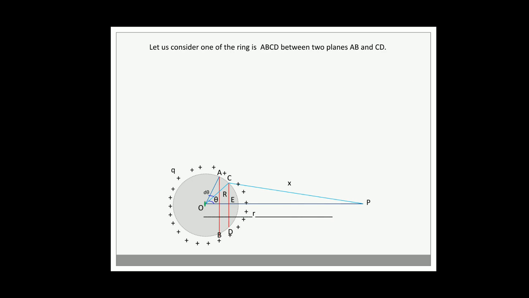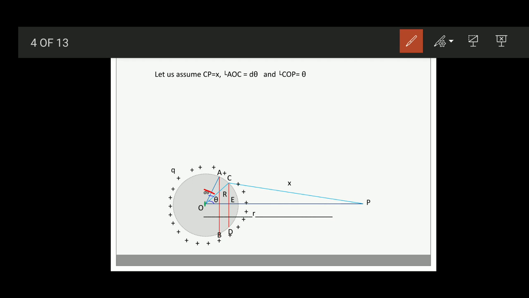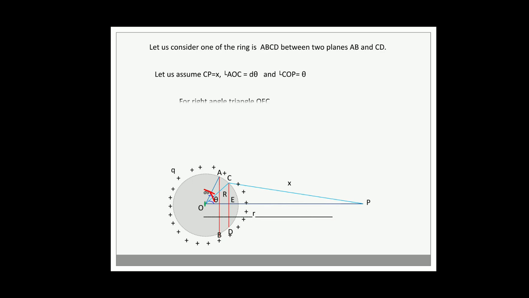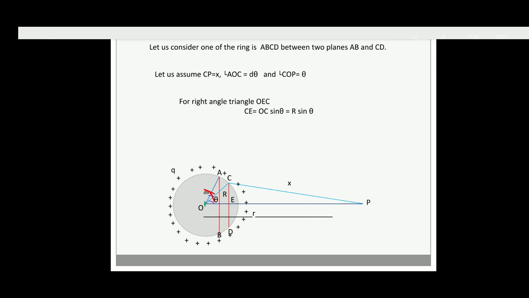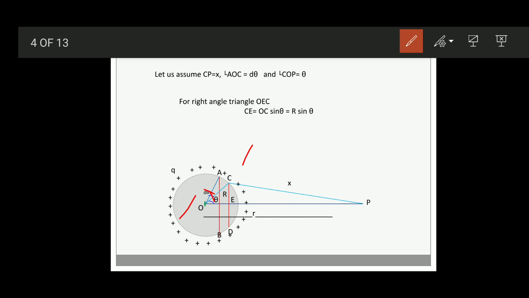Now, ABCD is a circular ring having two planes AB and CD. We already know CP is taken as x, angle AOC is equal to d theta, and angle COP is equal to theta. From the right angle triangle OEC, sine theta is equal to the opposite side CE by the hypotenuse OC.